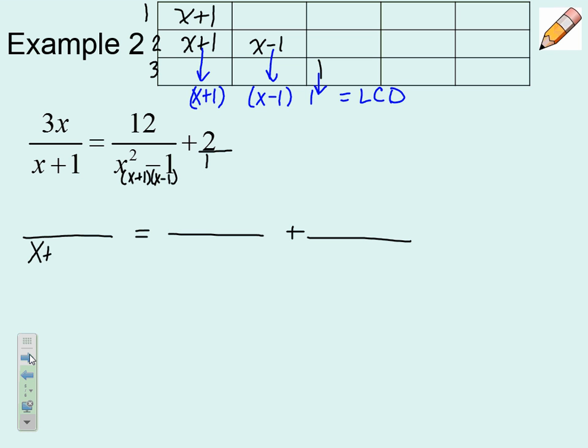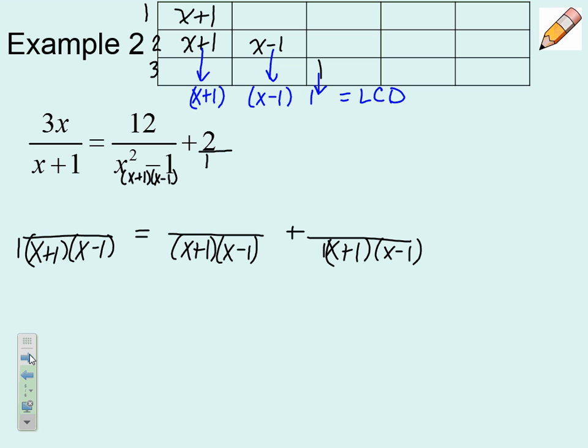This is going to be x plus 1, x minus 1, and again, if you put that little 1 there, it's the same thing. Multiplying by 1 won't change anything. So x plus 1, x minus 1, x plus 1, x minus 1. Okay? Lowest common denominator. So now I've established all of them, and now I just need to change the numerators to reflect how I change those denominators.